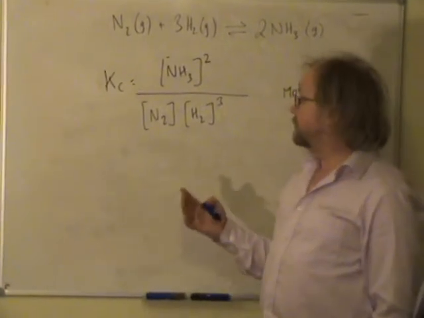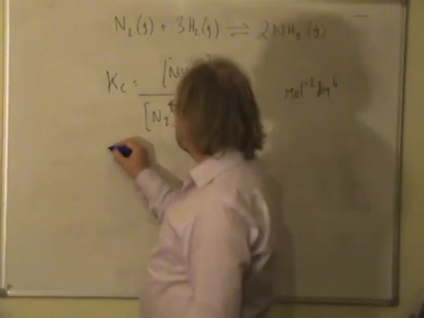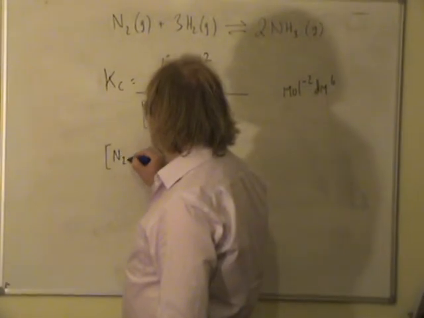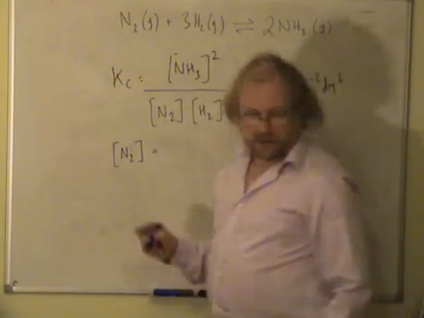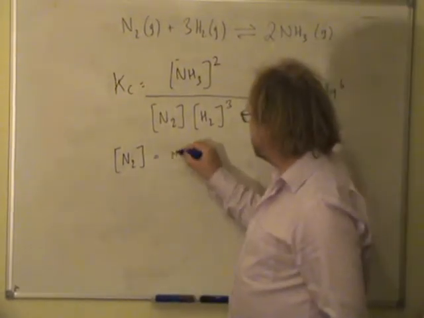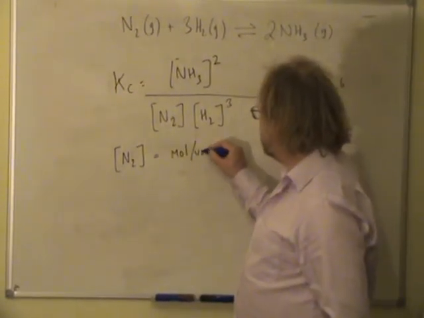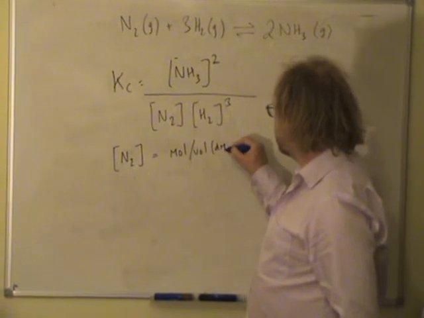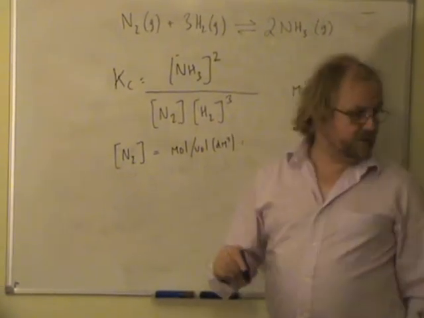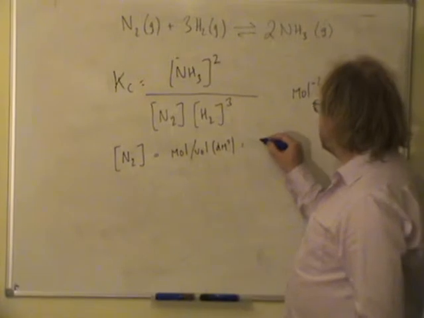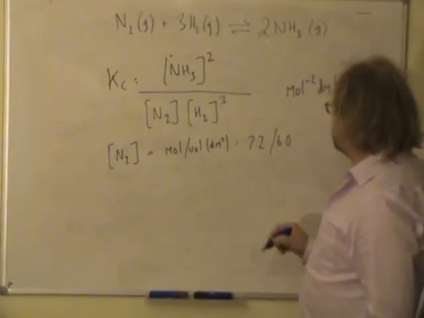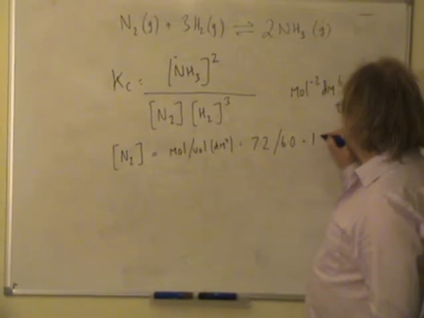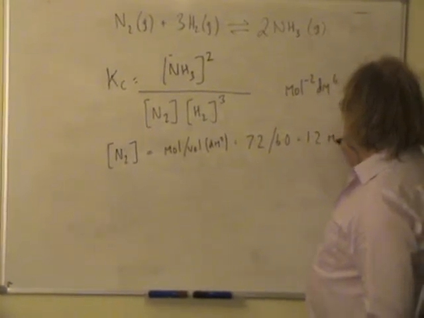So as a starting point, we need to work out the concentration of nitrogen and the concentration of hydrogen. So the concentration of nitrogen is moles over volume in dm cubed, which from the information you're given is 7.2 moles divided by the volume is 6.0 dm cubed, which is 1.2 moles per dm cubed.